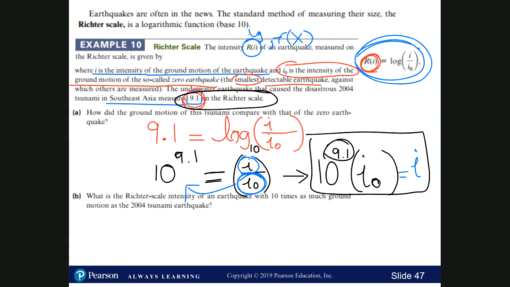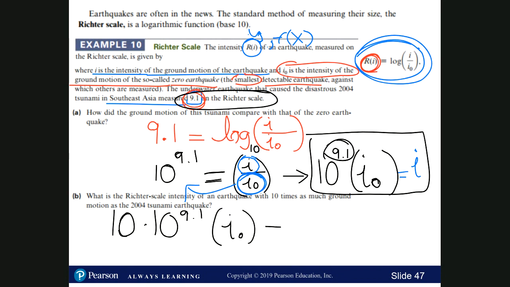What is the Richter scale intensity of an earthquake with 10 times as much ground motion as that one? And so that will be something like multiplying 10 times 10 to the power 9.1 times I sub 0.